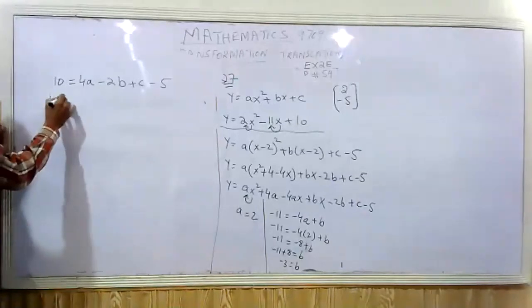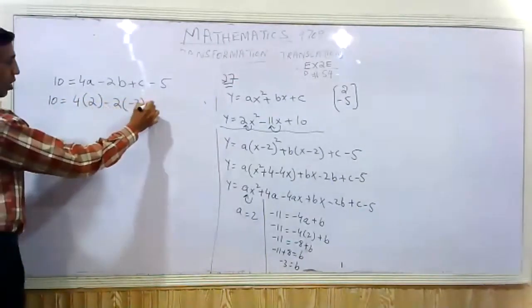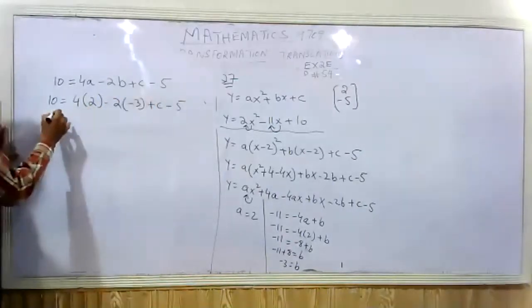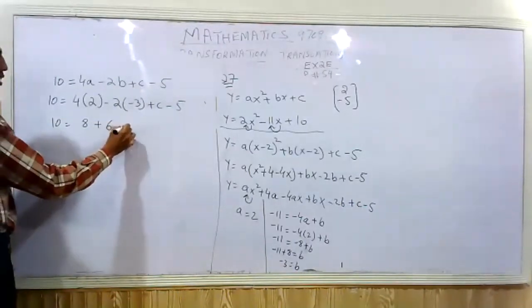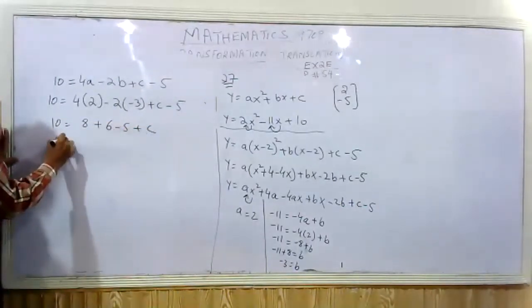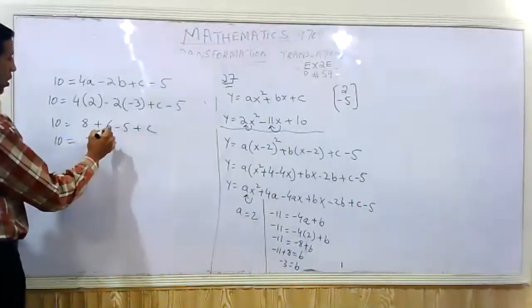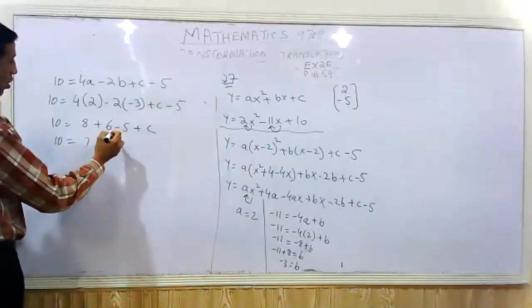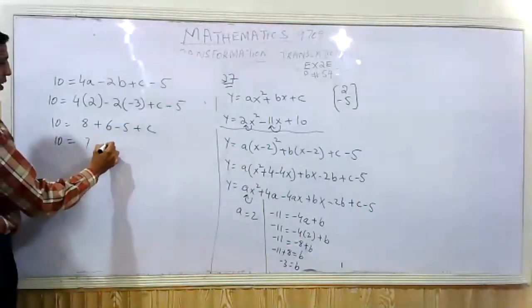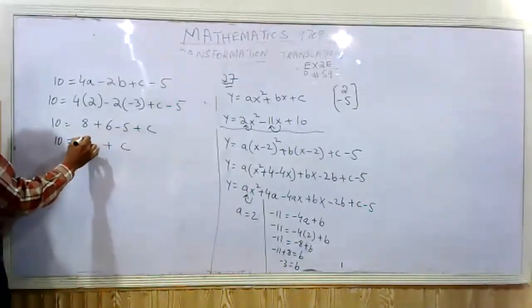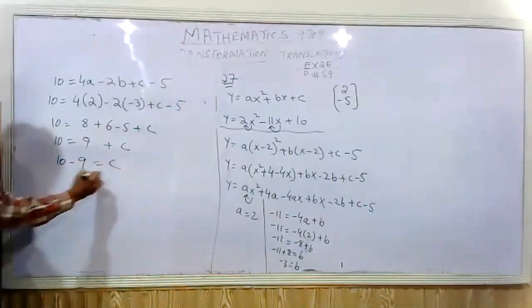Now 10 equals, the value of a is 2 and the value of b is minus 3, so 8 plus 6 minus 5 plus c. 10 minus 9 is equal to c, so c would be 1.